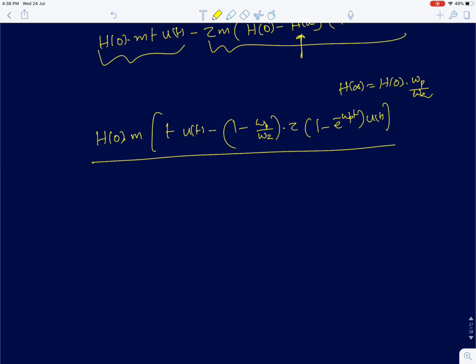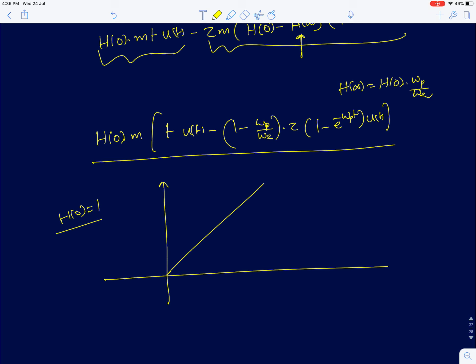Now I'll plot this response and see how it compares to a first order system. In a purely first order low pass system, omega z was at infinity, but for this system omega z is at a finite frequency. So we'll see what the difference is. First we'll plot the input. For this example, I'll assume h of 0 is 1, and the slope of this is m.